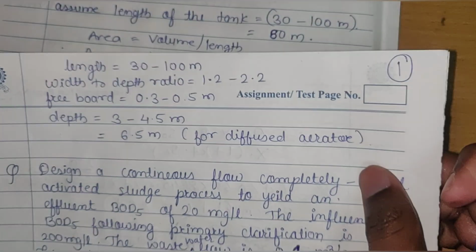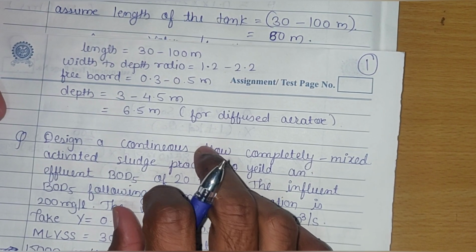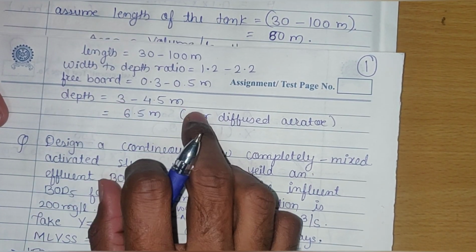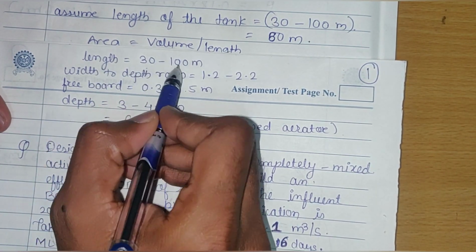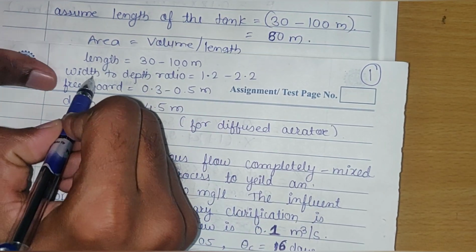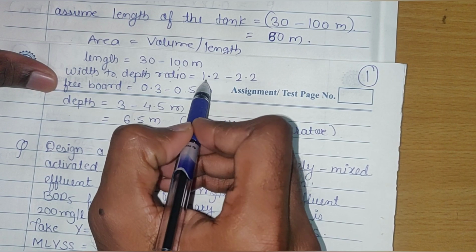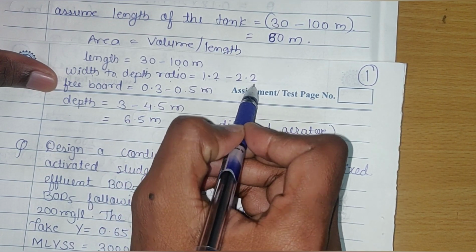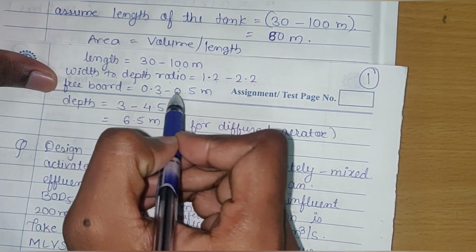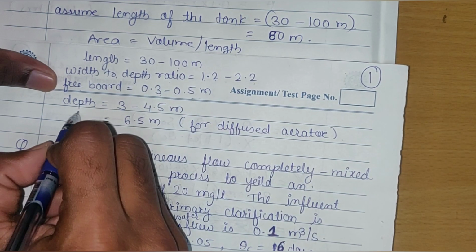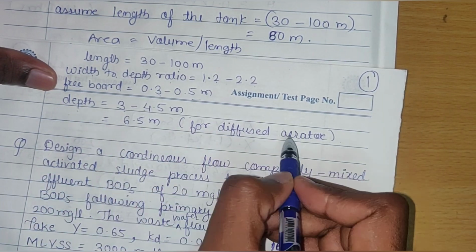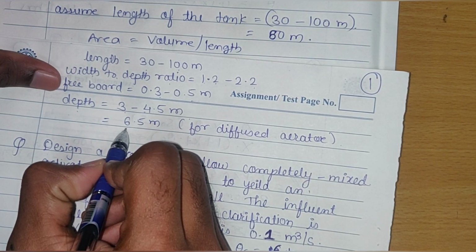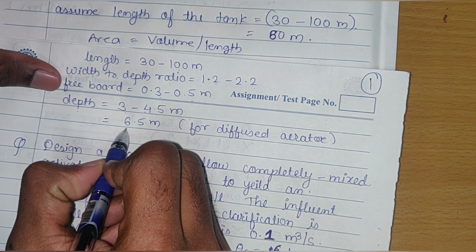I will tell you the design considerations for the dimension of the aeration tank. The length value should be 30 to 100 meter. Width to depth ratio is between 1.2 to 2.2. Freeboard 0.3 to 0.5 meter. Depth 3 to 4.5 meter. For diffused aerator, the depth can be increased up to 6.5 meter.